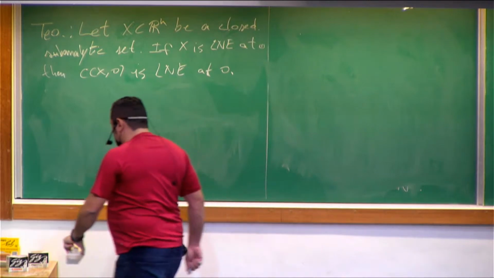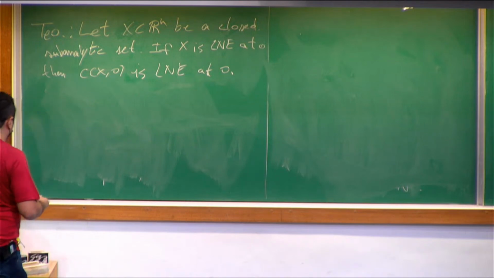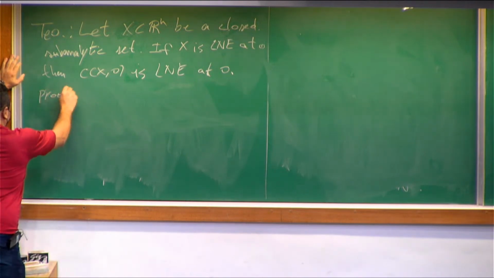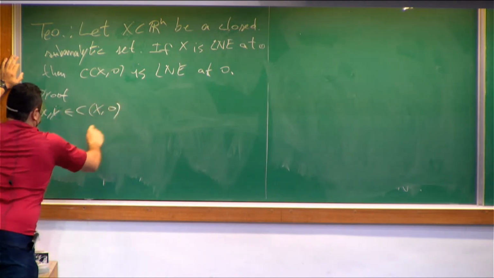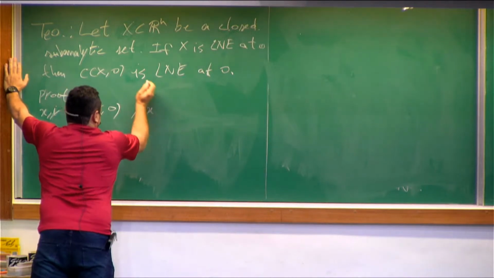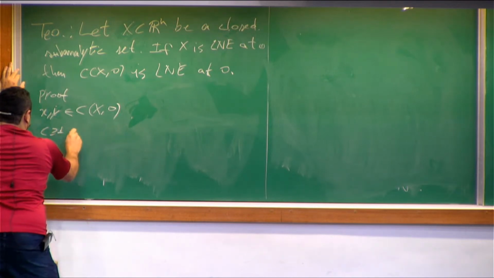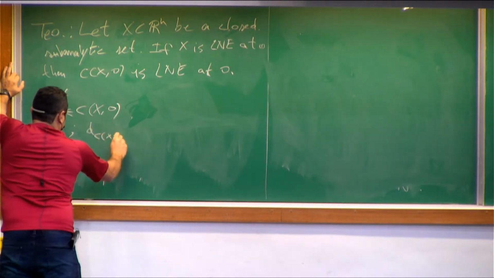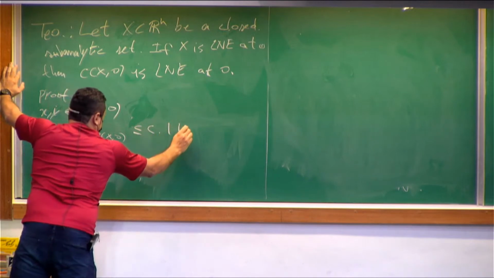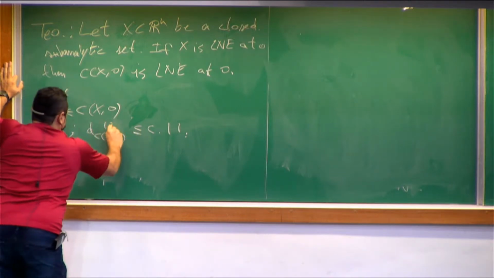I will start, for example, by proving: if you have two points x and y in the tangent cone of X, I want to find a constant c greater than 1 such that the distance in the tangent cone is less than c times this quantity, right?